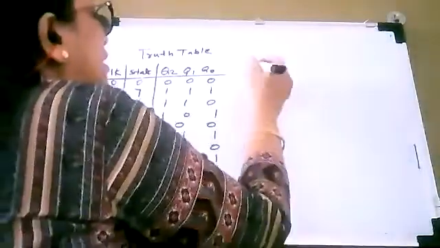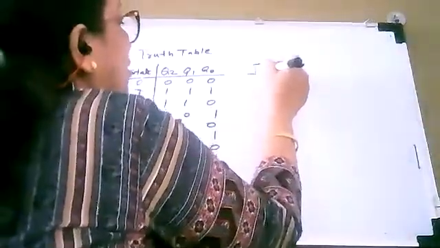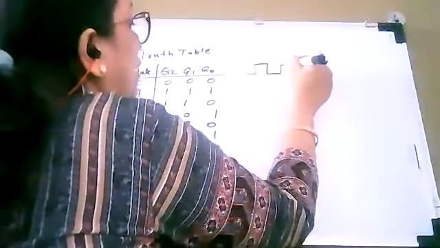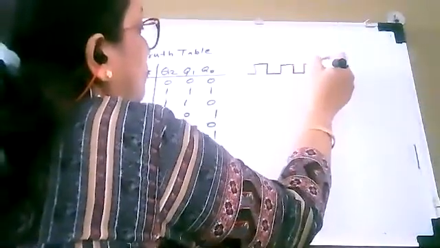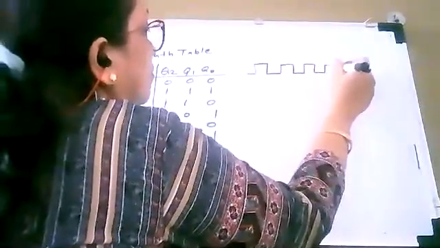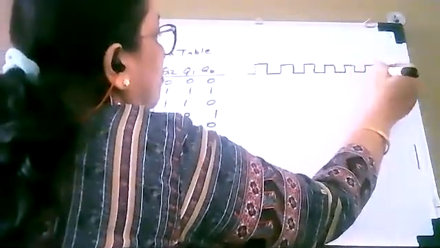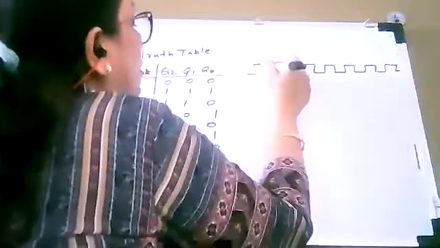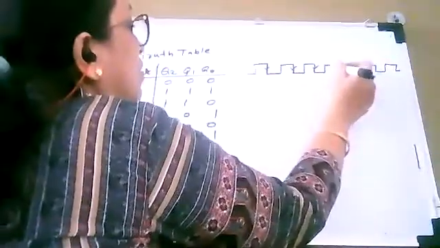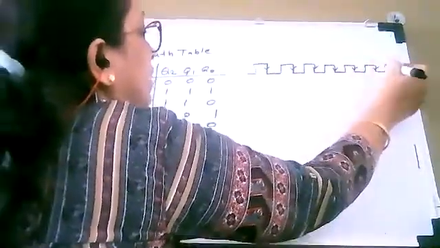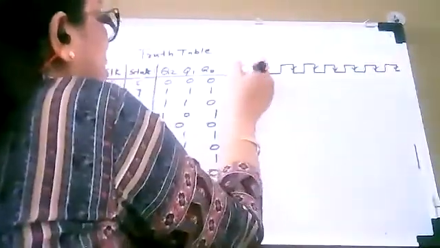First we will draw clock pulses and then we are going to draw the outputs. 1, 2, 3, 4, 5, 6, and 7.